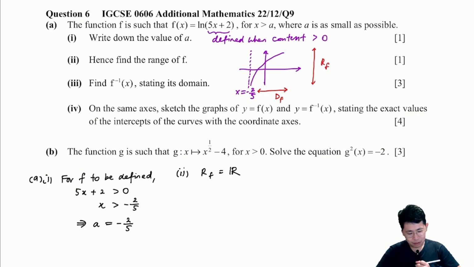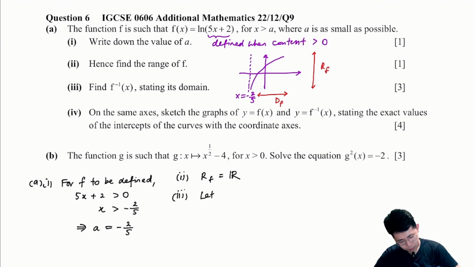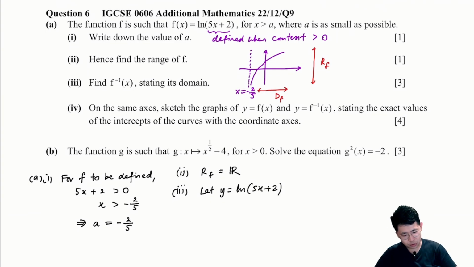Okay, so find f inverse, stating its domain. Okay, so part 3, in order to find f inverse, I will let y be equal to ln of 5x plus 2. Okay, sorry, let me use another color.